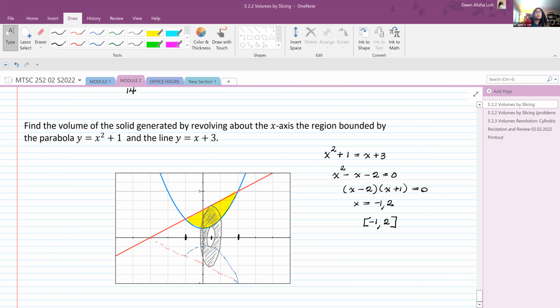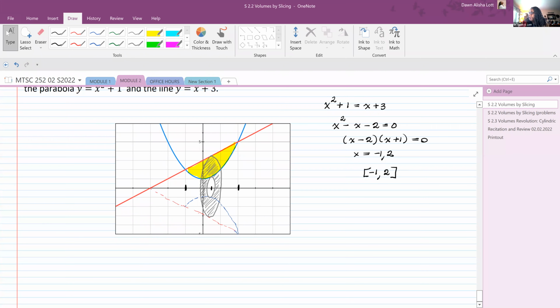Okay. All right, what's my big radius? y equals x plus 3. Good. And my little radius, obviously, is the other one.